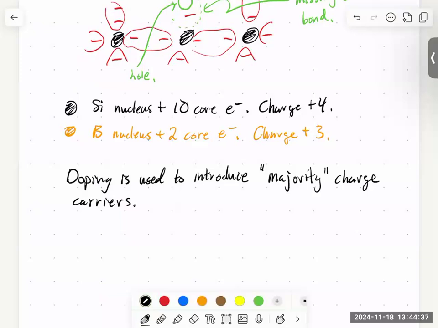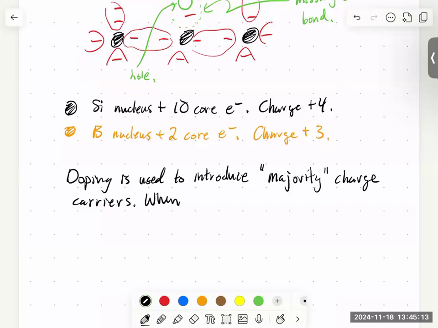Think back to the beginning when we were talking about pure silicon: we said we could add heat or thermal energy to break a covalent bond. That still happens even in the doped material. Occasionally, one of these covalent bonds will break and you will get holes and electrons that are able to conduct. Those are called minority charge carriers. The reason they're called minority is because they're very rare compared to the number of charge carriers you get through the doping process, but they still exist.